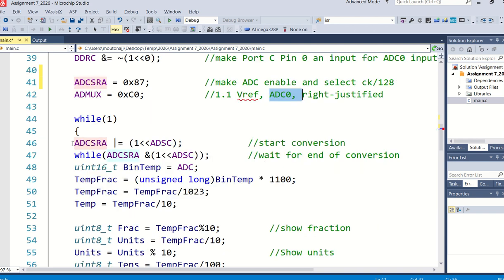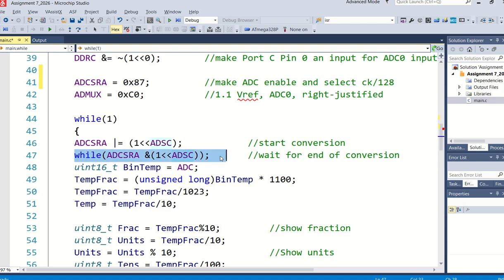As in my previous videos on how to read an ADC, in this ADCSRA, I enable this specific bit, the ADSC, and that will start the conversion. With this line, I'm making the ADSC bit high, the start conversion bit is high.